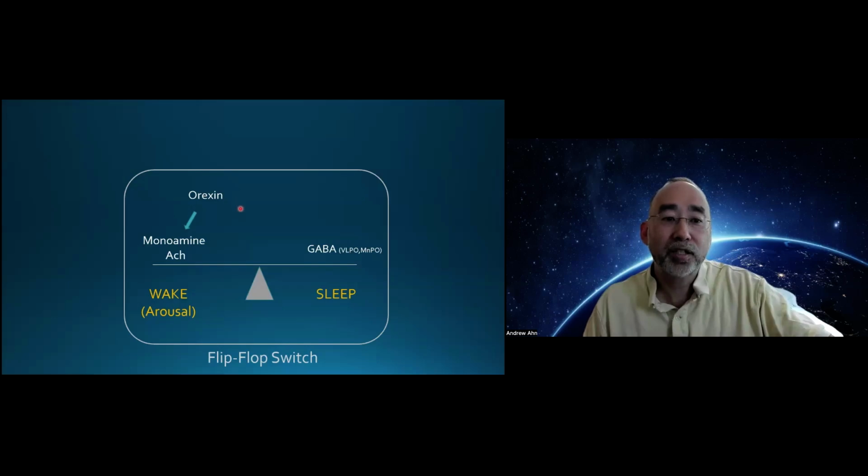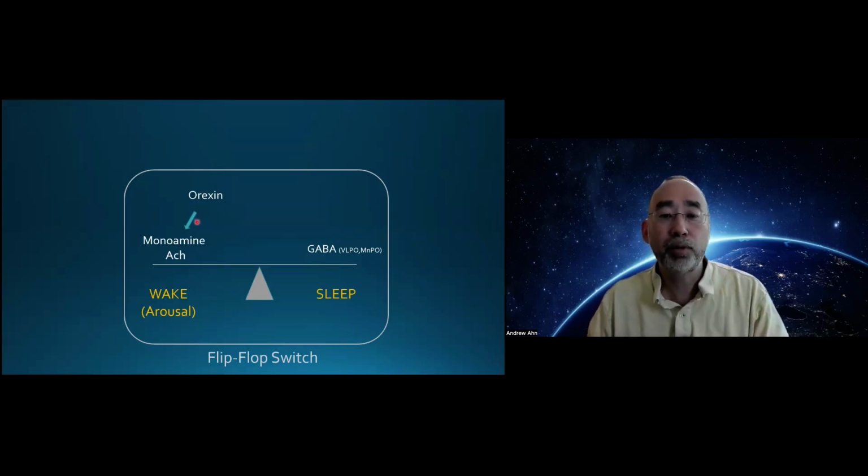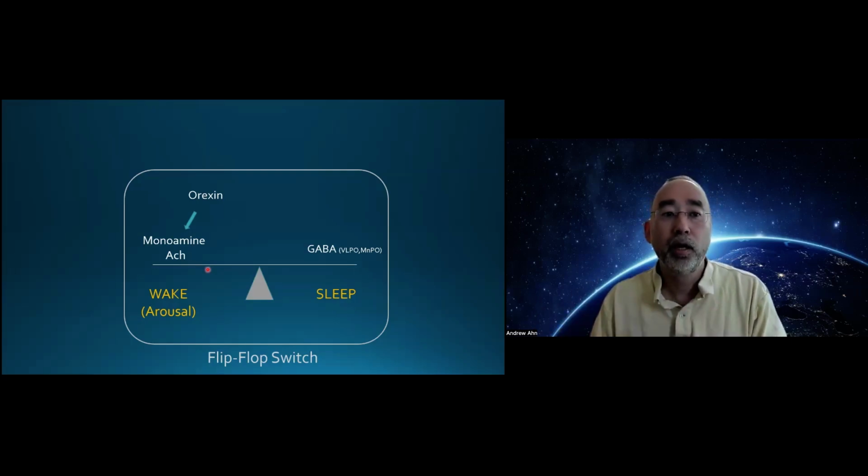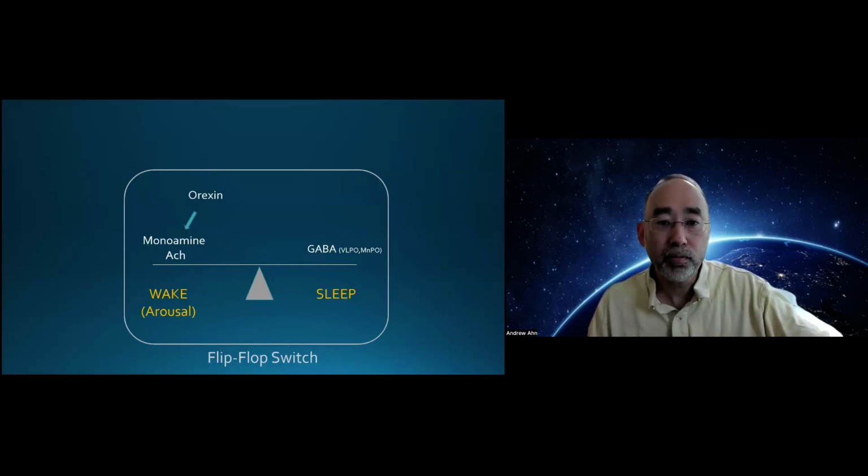Orexin acts to stabilize the wake state, promoting wakefulness and preventing inappropriate transitions to sleep. And we know that individuals who lack the ability to secrete orexin have narcolepsy, because then they have this unstable switching back and forth between wake and sleep.